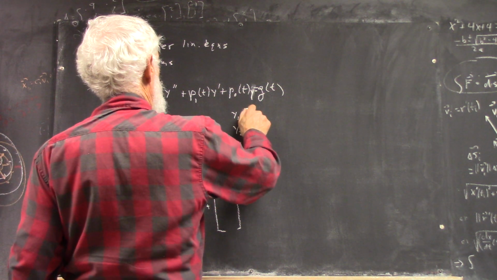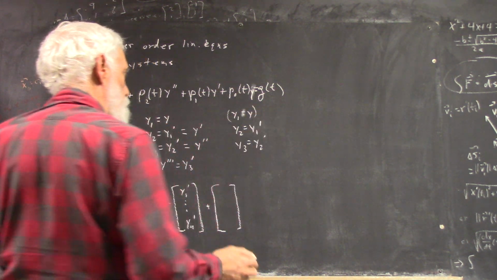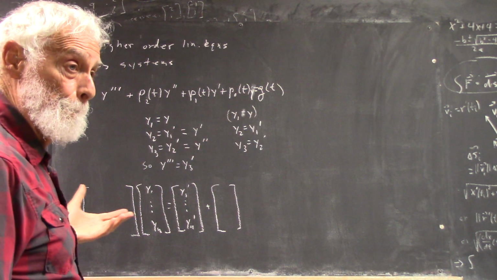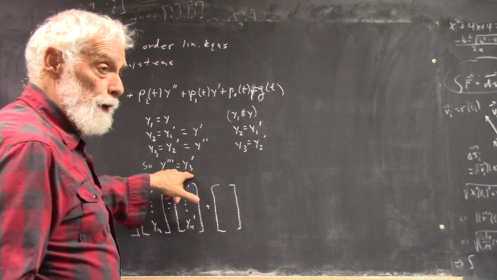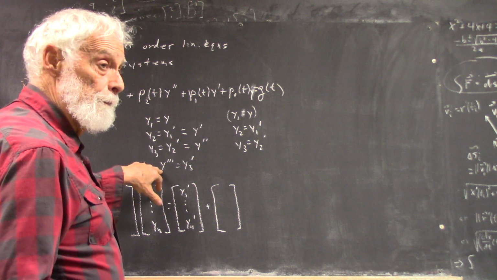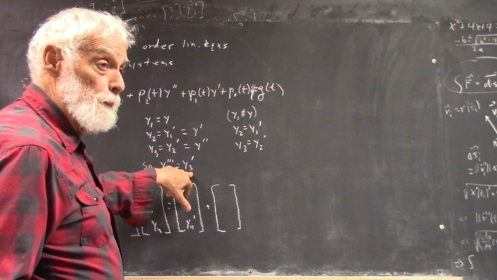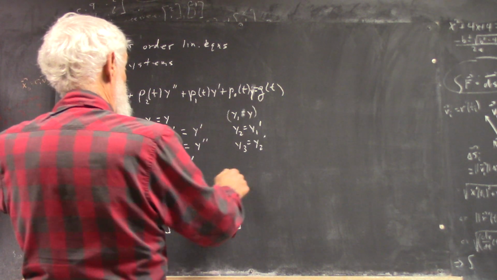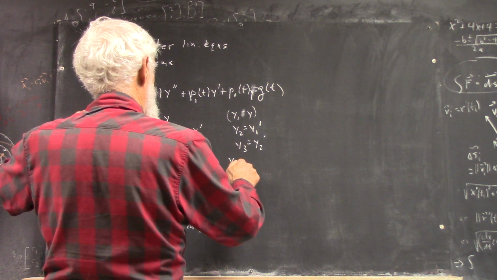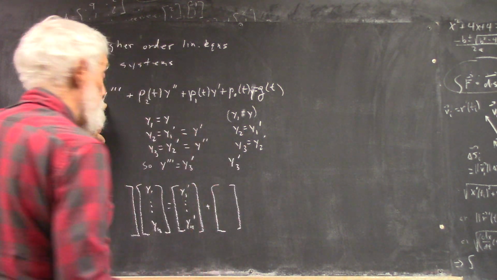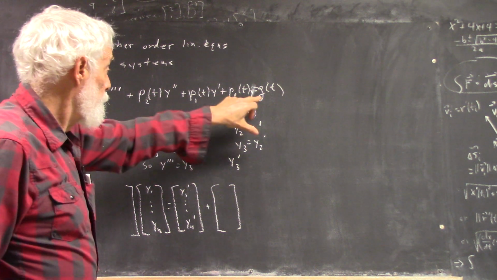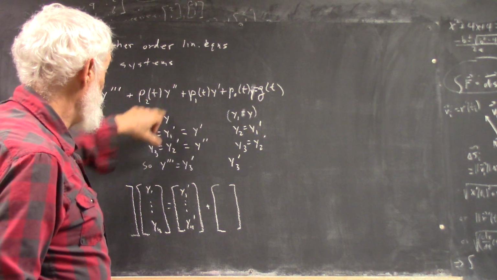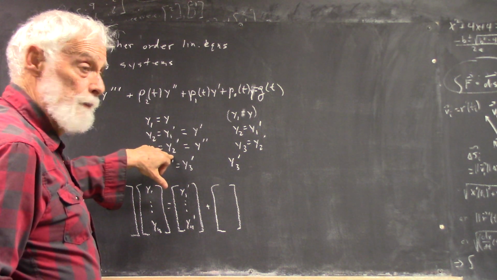So again, we'll just remind ourselves that y1 is our y. Then in this equation, this is where we start replacing things, okay? Y triple prime is y3 prime. So there's y triple prime, so we rewrite this equation. That equation becomes y3 prime plus all of this, but we're going to replace y double prime with y2 prime.